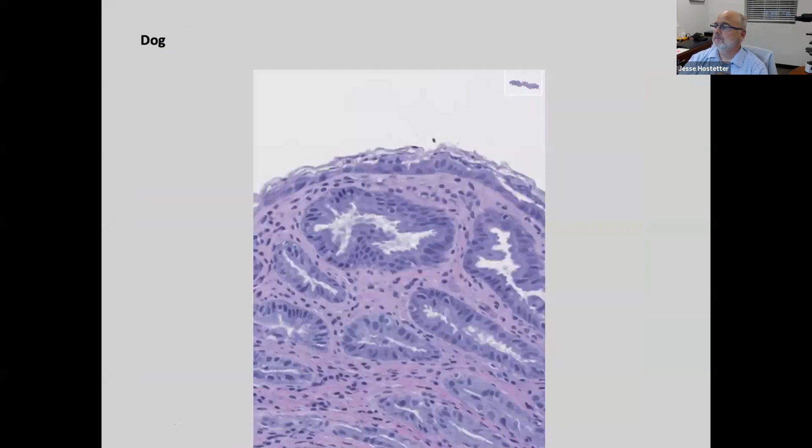All right, one more. This is stomach. Name 2 changes, or 3. There's actually more than 3, but. And this is fundic stomach. I'll go up a little bit in mag.